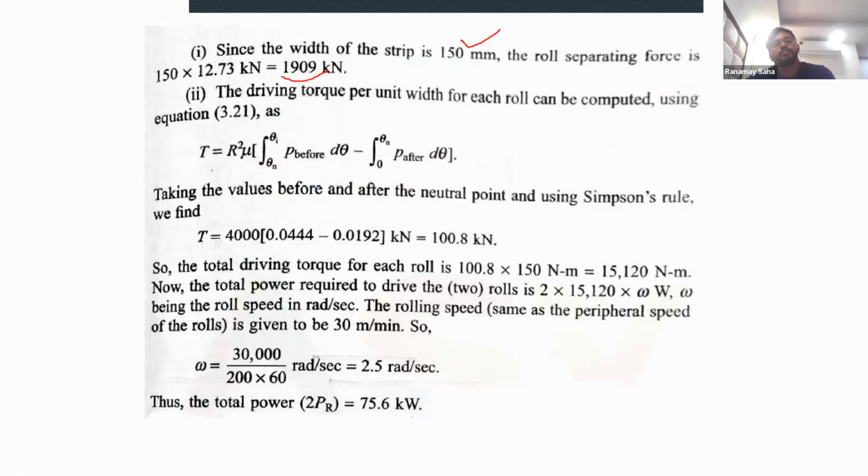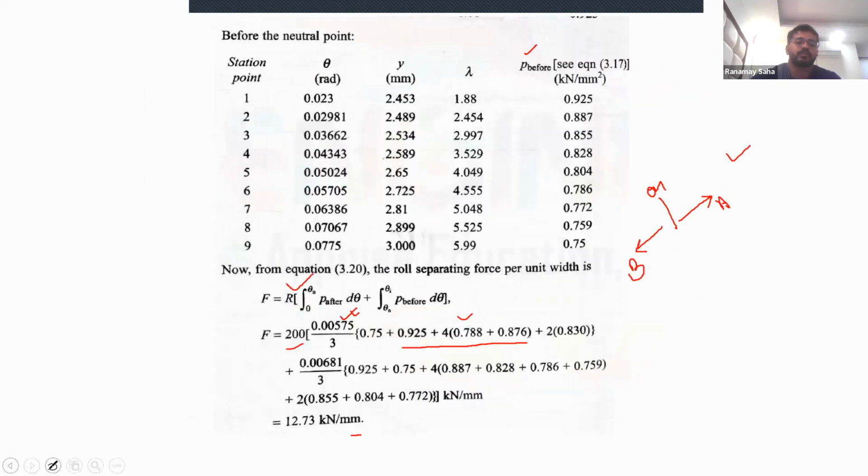Now you have to find out the driving torque, which happens to be mu R square into p d theta. This happens to be your before, and this happens to be your after. You take the difference of both to find your total driving torque, in a similar manner to how you found your force values.